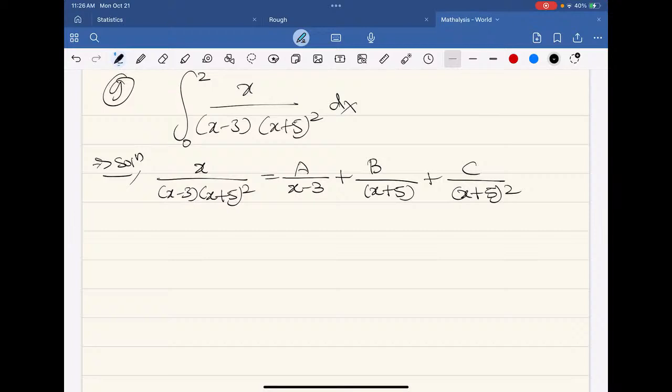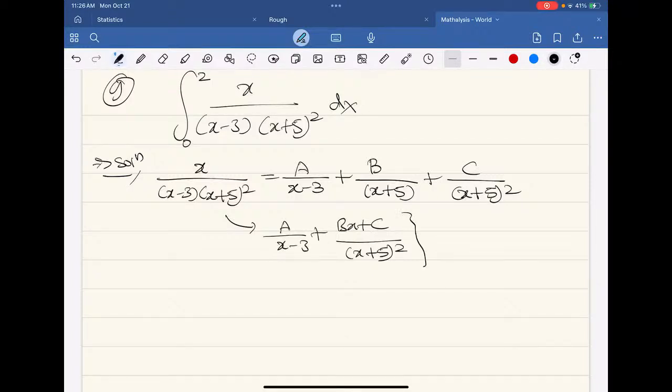Now if any of you are thinking that why don't we break this as A by x minus 3 plus (Bx plus C) divided by (x plus 5) square. If any of you are thinking that isn't this possible, can you not do it this way? Yeah, then your concern is valid.